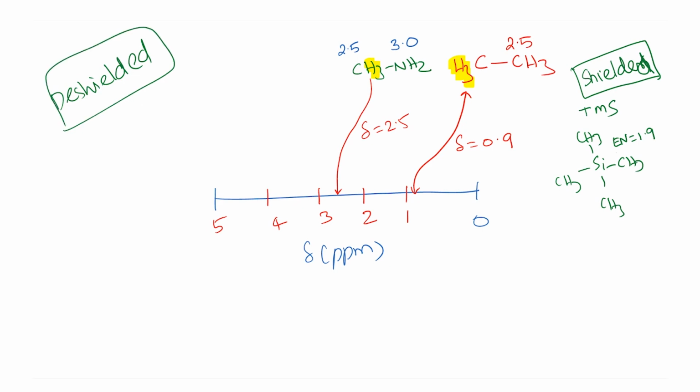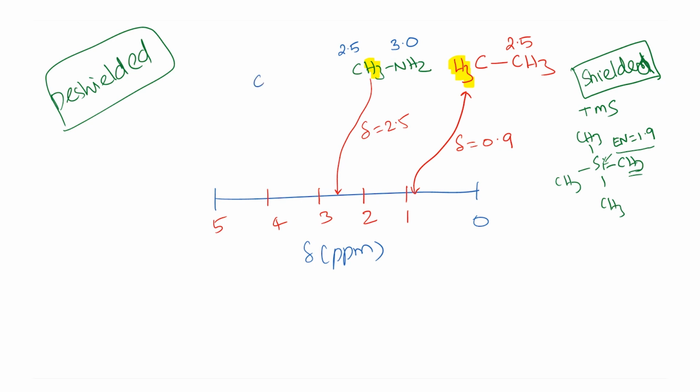Similarly, in methylamine, CH3NH2, the nitrogen, being more electronegative, pulls electrons more efficiently and makes the hydrogens less shielded.